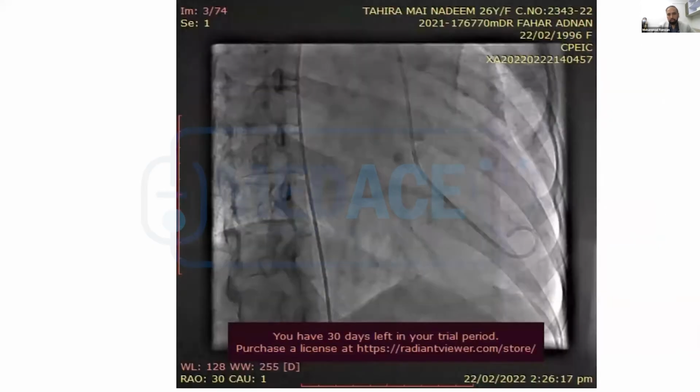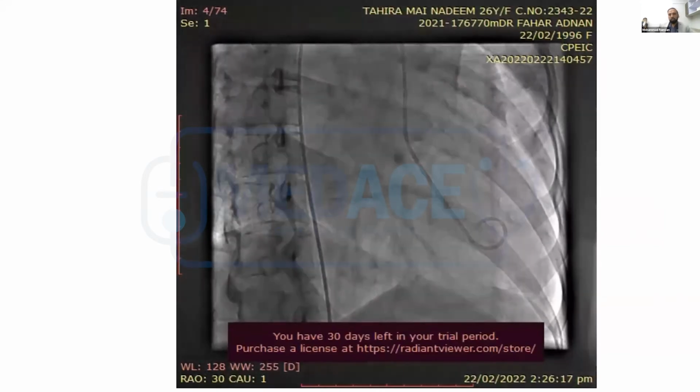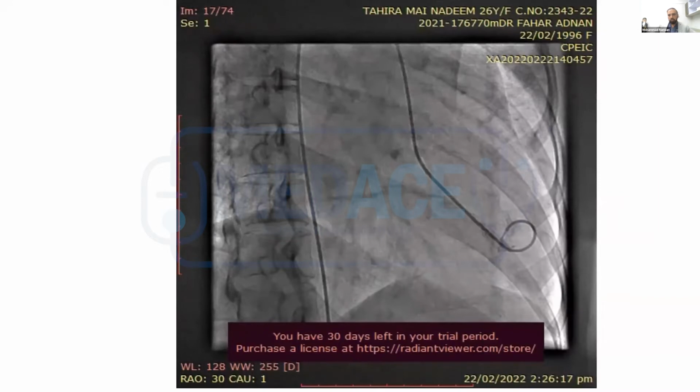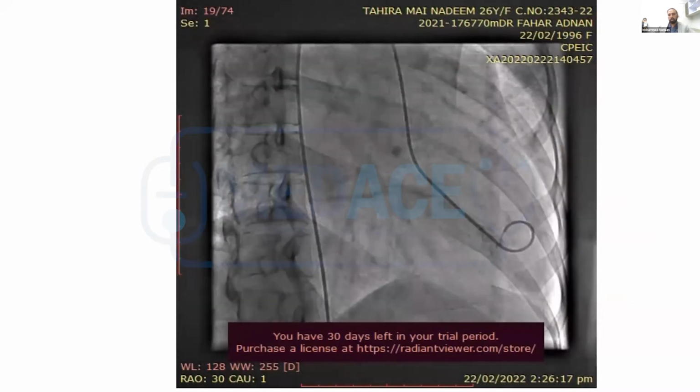The second step is we will perform the LV angiogram with the help of the pigtail in the RAO 30 view, and by this view we will mark the horizontal M line.